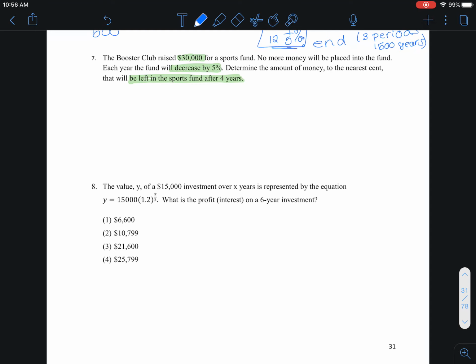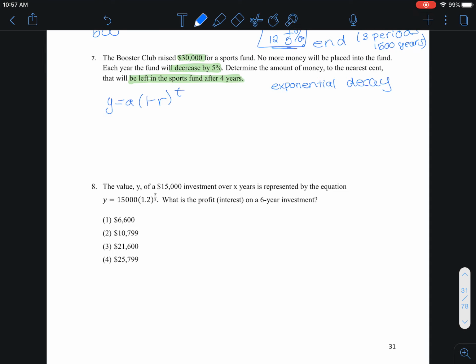So this is exponential decay. So we're going to have to use this formula, okay? So if we think back to our general formulas, if you want to write that out first, y is equal to a times 1 minus r to the t. So this is our general formula, and we have to plug in what we already know.